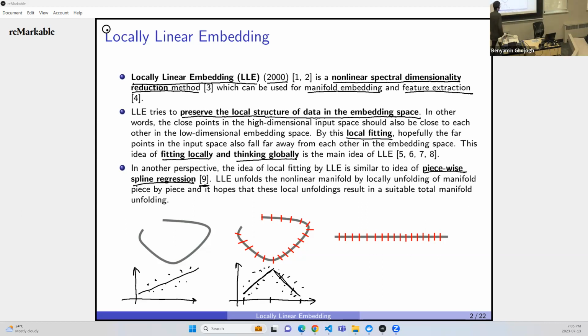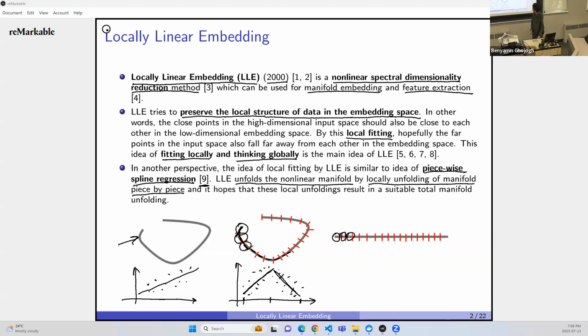It unfolds the nonlinear manifold by locally unfolding it piece by piece. What do I mean? Assume this is a nonlinear manifold. I consider it piecewise; I divide it into several pieces. Then I put this piece here, the second piece here, and the third piece here.